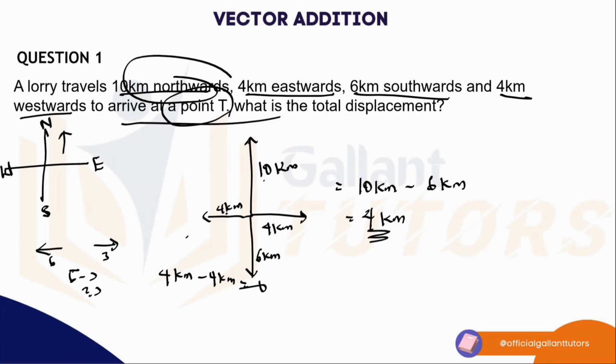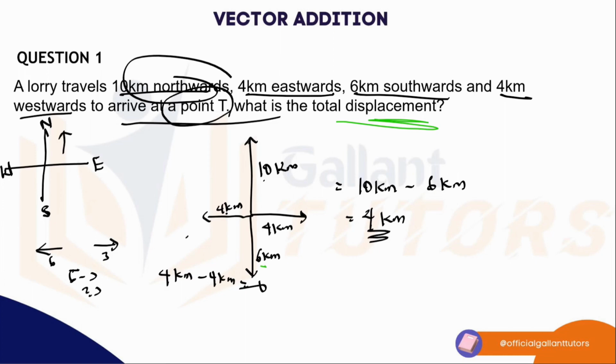4 kilometers. Is that clear? 4 kilometers. Now, where will you be pointing to? Remember that displacement is actually a what? A vector quantity. So whenever we say something, we must also specify its direction.